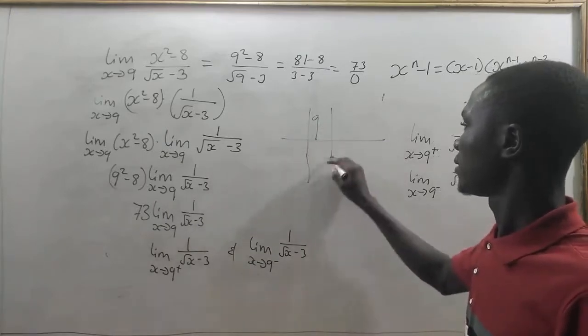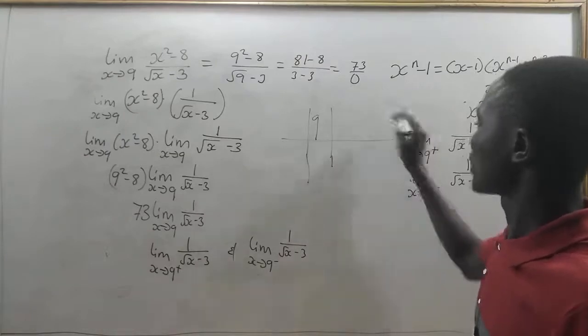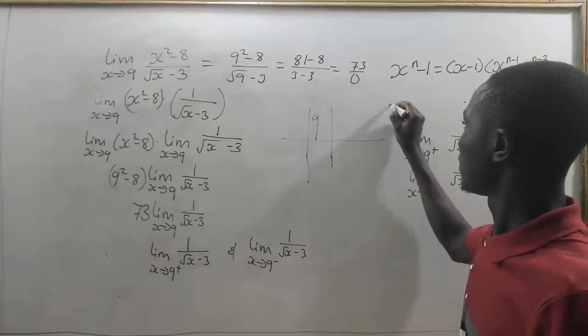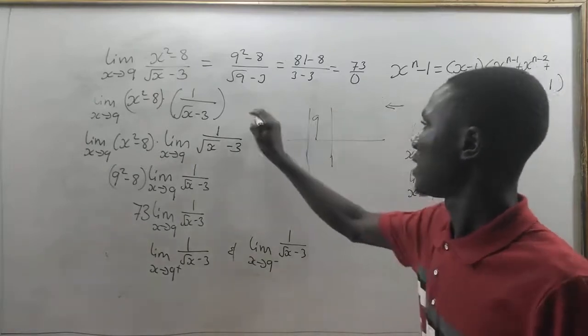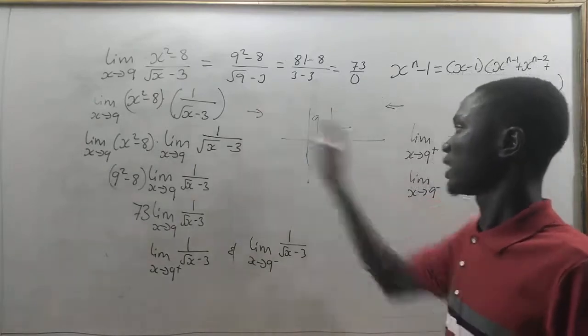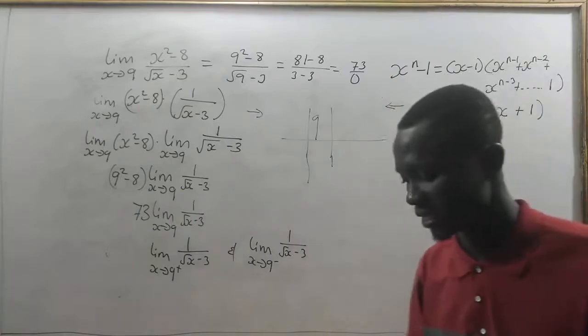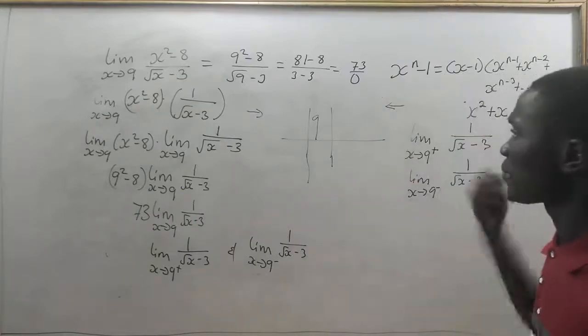From the right side of 9, x is approaching 9 from the right. And here, x is approaching 9 from the left. Very simple as that.